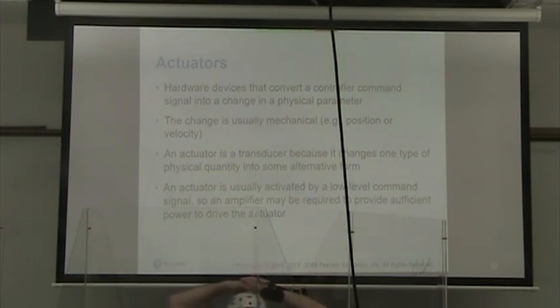All right, so we have actuators. These are hardware where we convert a control command into a change in some parameter. Usually this is mechanical, right? So it might be position, it might be velocity.